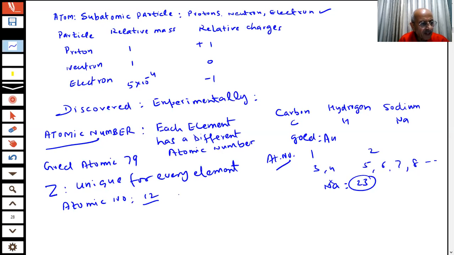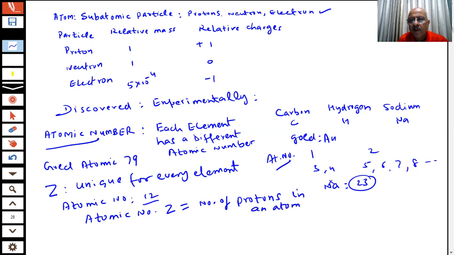And atomic number is nothing but equal to the number of protons. Atomic number Z is equal to the number of protons present in the atom. And where are the protons present inside the atom? Inside the nucleus.